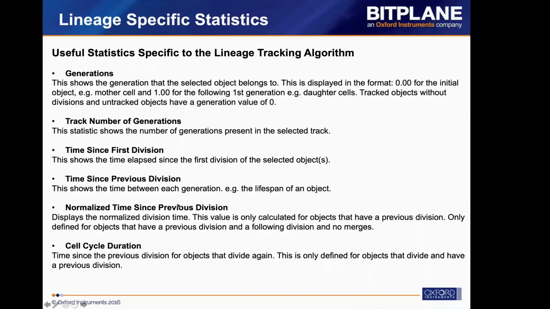All these statistics related to the division event you can get from using the Lineage algorithm. So I will show you how to use Lineage on the cell division or similar image samples.